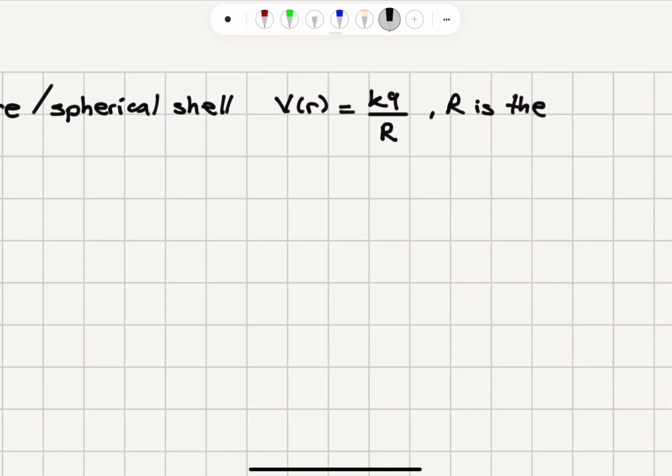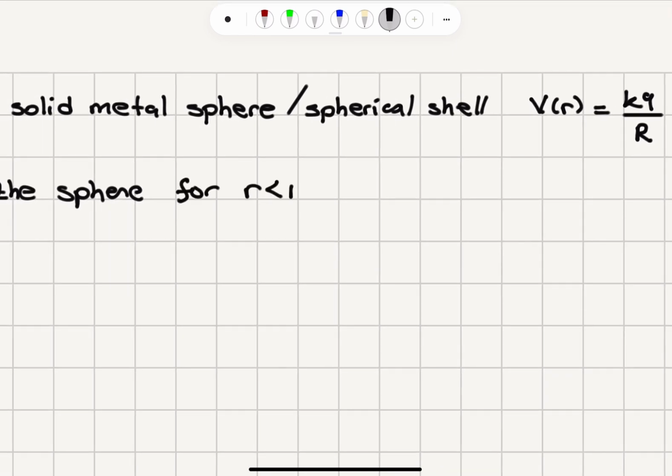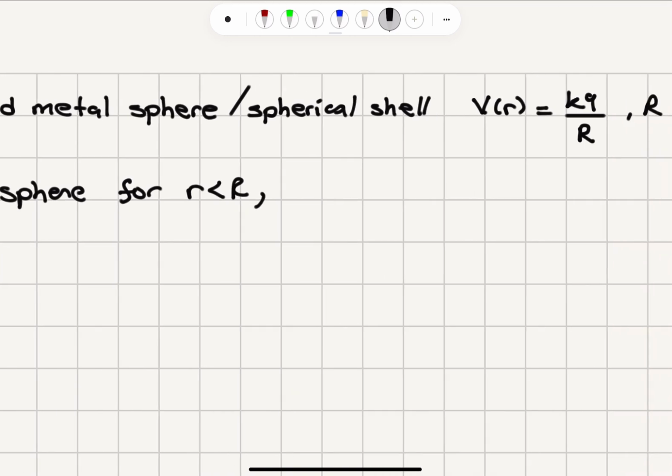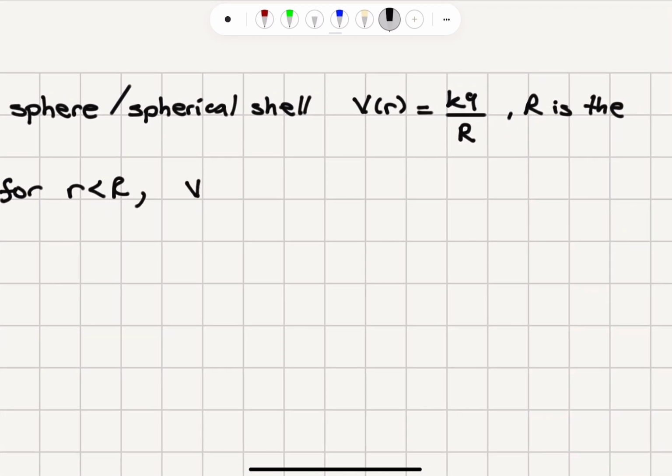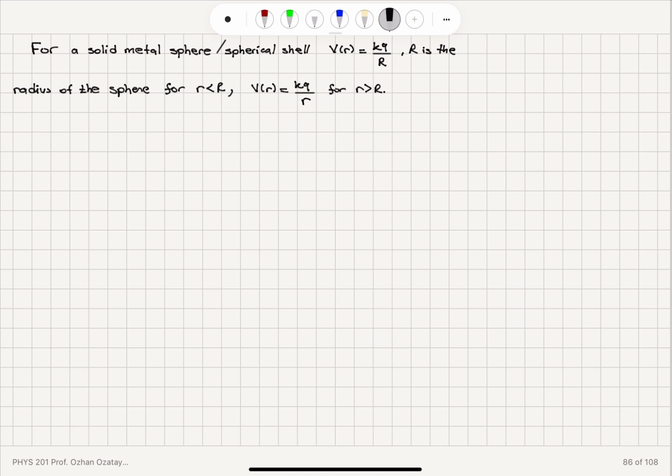This is for r less than capital R, and V of r is equal to kq over r for r greater than capital R.